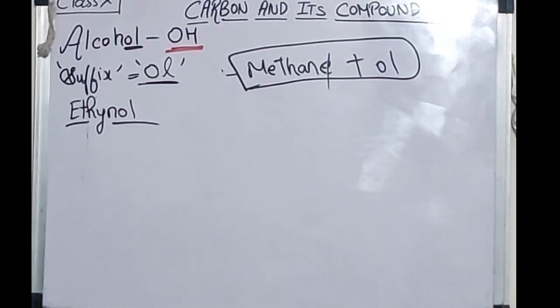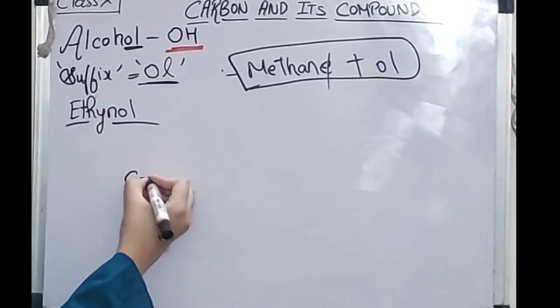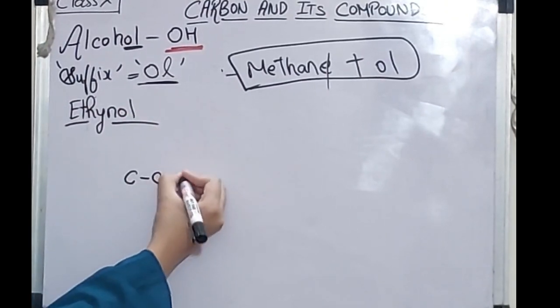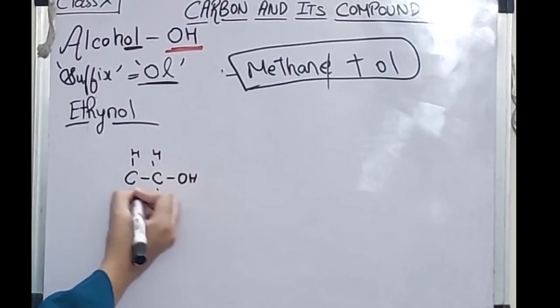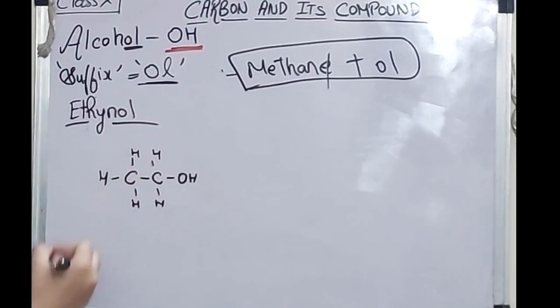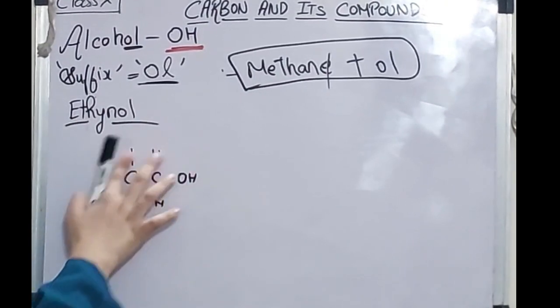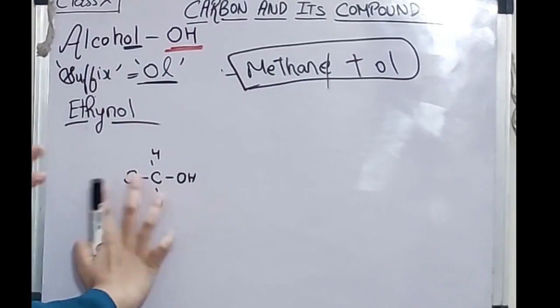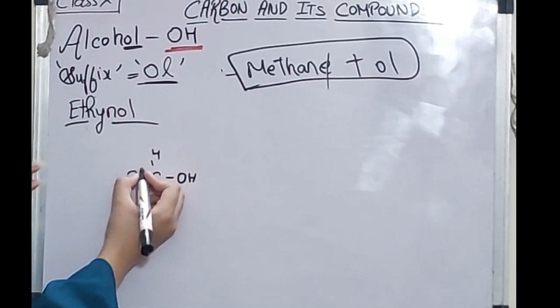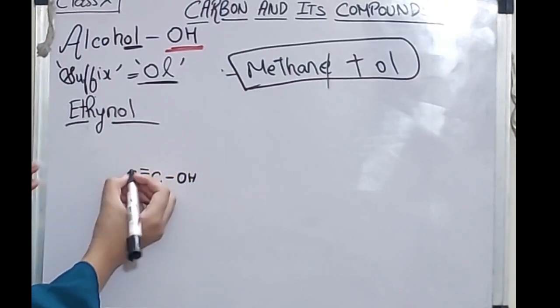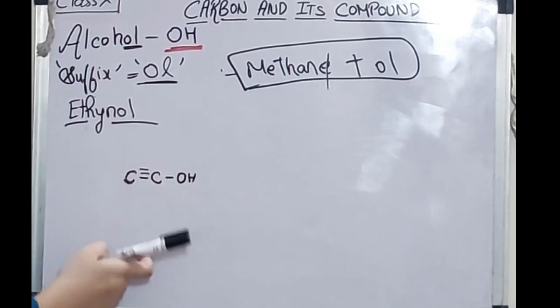Although it will not come in your examination this hard, but still. So, eth means 2 carbons, OL means OH, and then completing the valency. Oh, I drew the wrong one. Sorry. I will have to do it again: eth means 2 carbons, ine means a triple bond. So it will look like this.